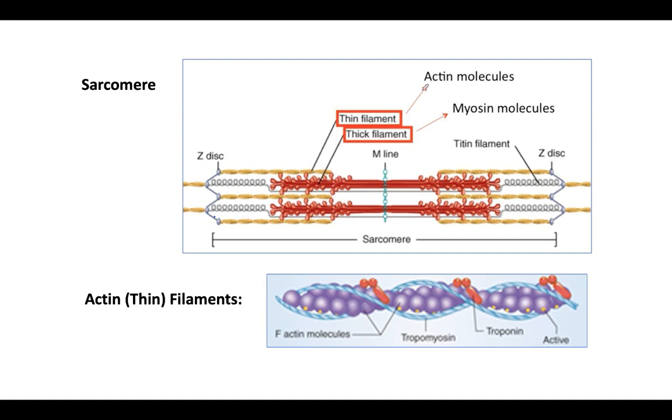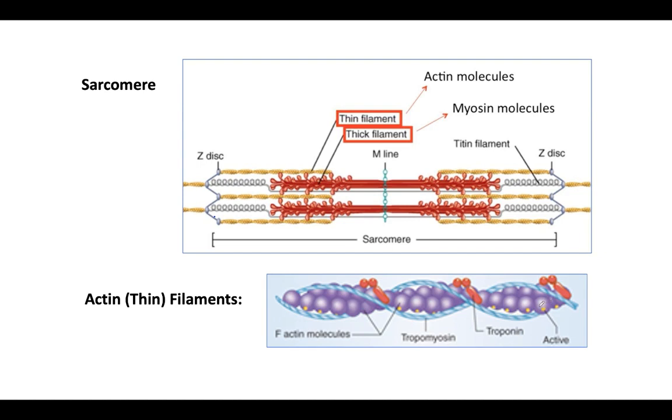Let's look at actin myofilament in a little more detail. So this thin filament has a molecular structure like this. This purple spherical shape indicates the actin molecule. And there's a blue string that indicates tropomyosin, and the red color indicates troponin.